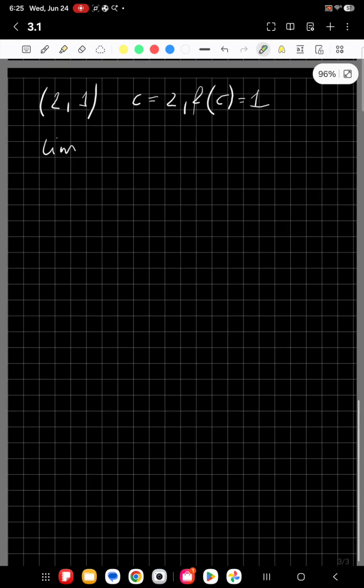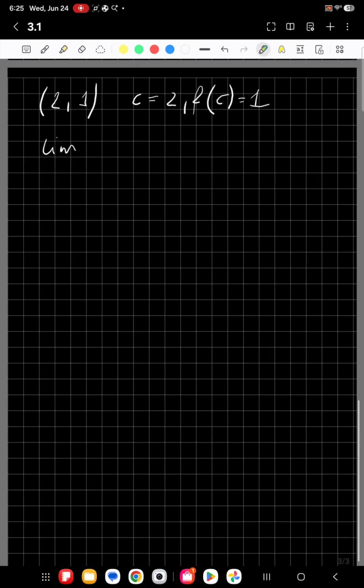So that's limit with x approaching c. I'm just writing the formula first. And then we have f of x minus f of c and divided by x minus c.